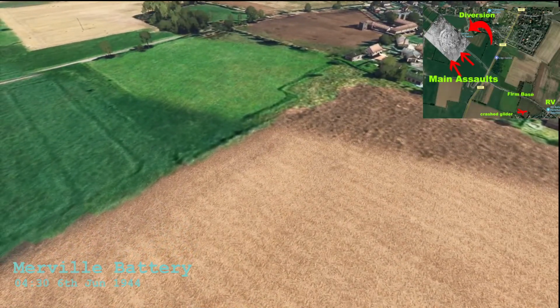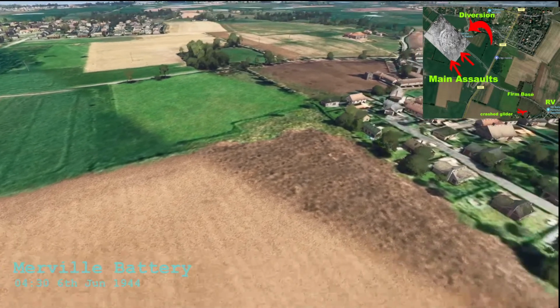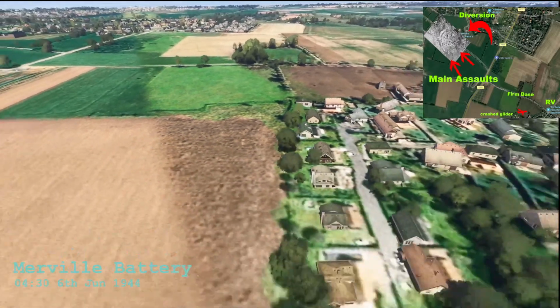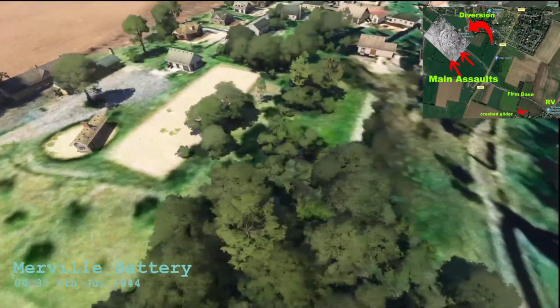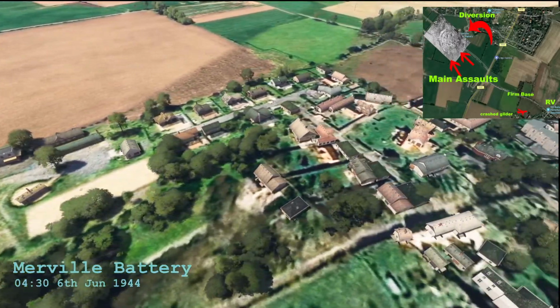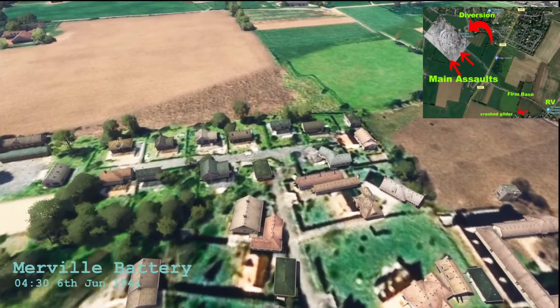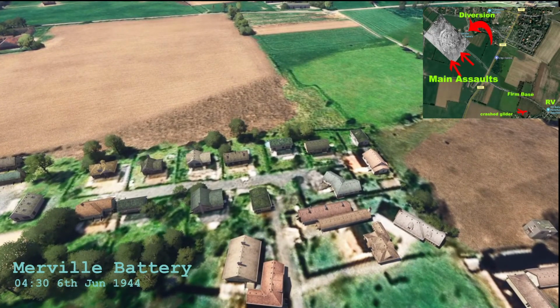As you can see on the map, it's to the south of the firm base, so it's presumably maybe in this area here, and the glider crashes.